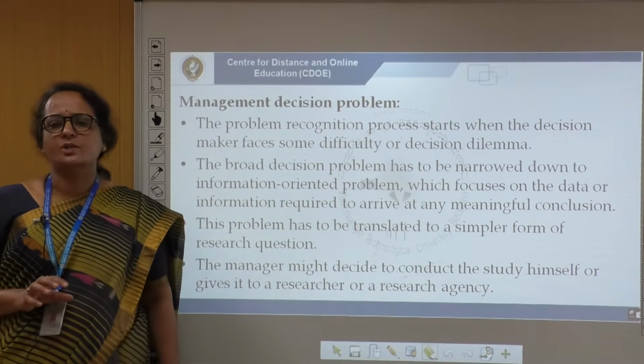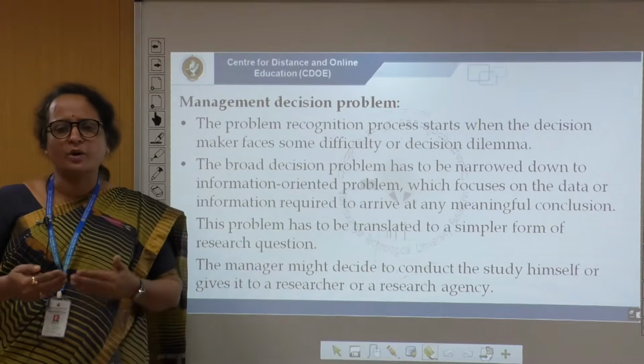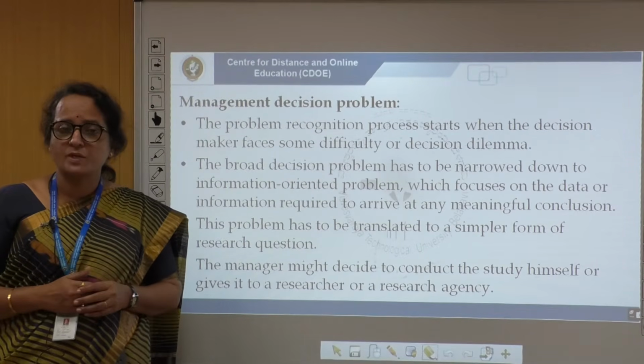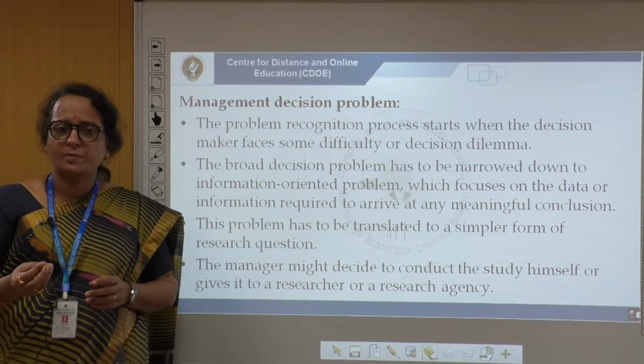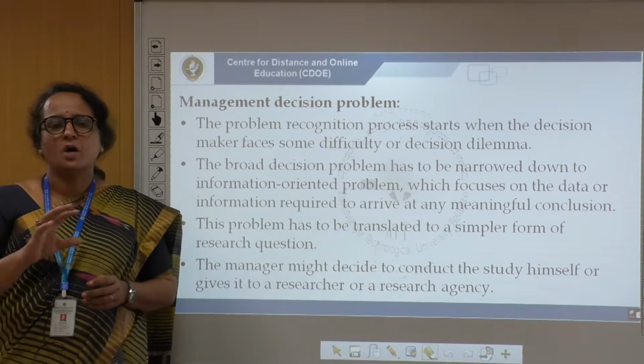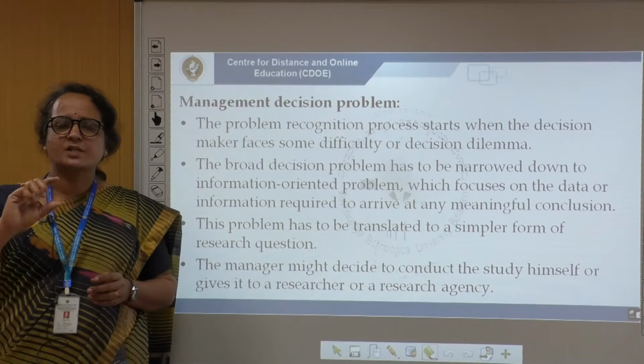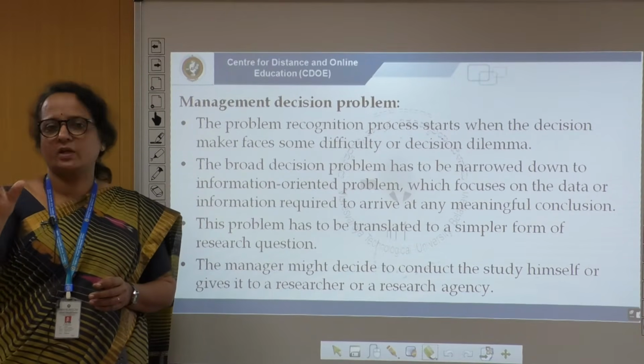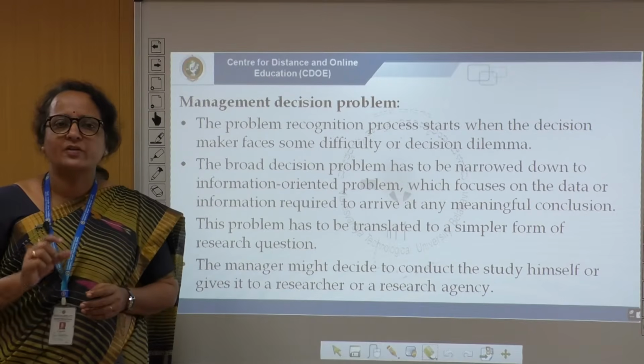The broad decision problem has to be narrowed down to an information-oriented problem. I have said what an information-oriented problem is: it is nothing but the research problem. The broader management decision problem must be translated into a specific information-oriented research problem.